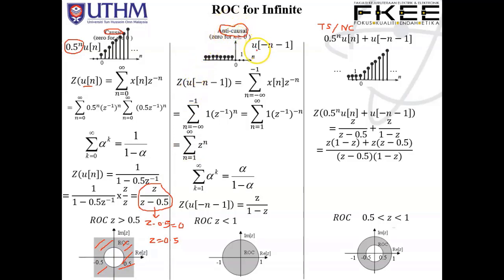Next is the anti-causal signal. Before we can calculate the Z transform for this signal, you must know how to draw u[-n-1]. There are two methods. The first is that you do the time scaling and then you do the time shifting.